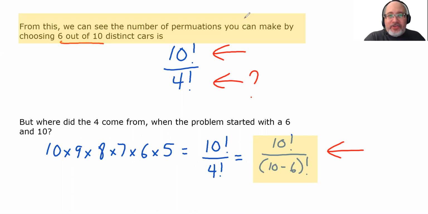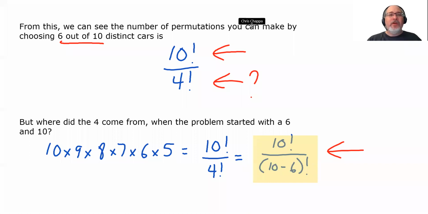First off, I misspelled permutations. Let's fix it. There we go. There is a notation for the number of permutations you can make by choosing 6 out of 10 distinct cars, or 6 out of 10 distinct anything. The notation is capital P for permutation, and it has two subscripted numbers, one on the left, one on the right.